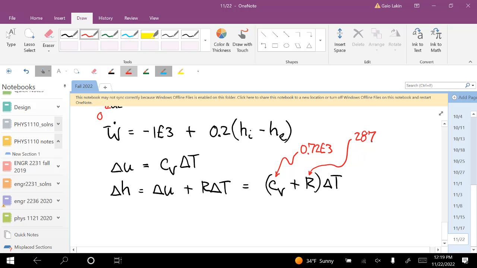A few people had a unit mismatch. They used 0.72 instead of 720. I didn't take off a lot of points for that, but that does give you the wrong answer, because that 0.718 is given in kilojoules. So if we're doing everything in SI units, you have to convert to joules. So this is really 718.